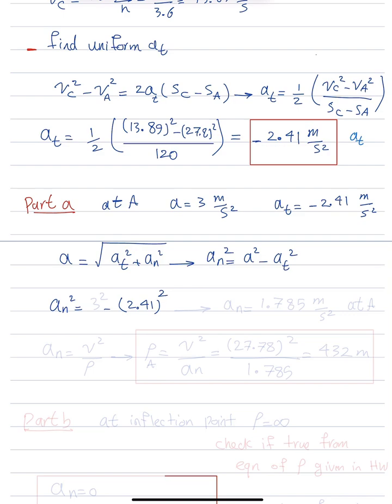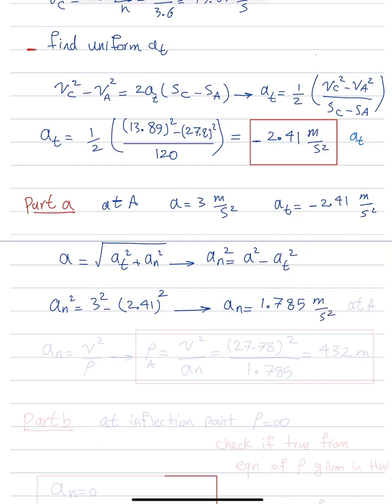Let me write this as 3 squared. And if we solve this, then AN is going to be 1.785 meters per second squared.